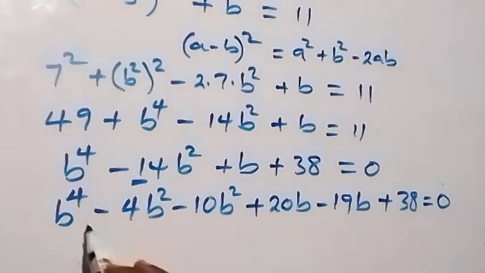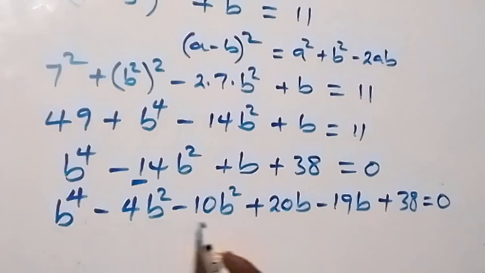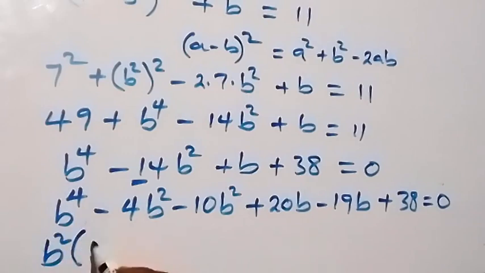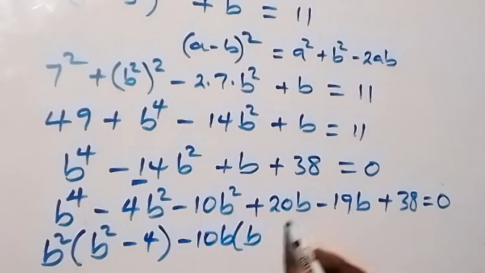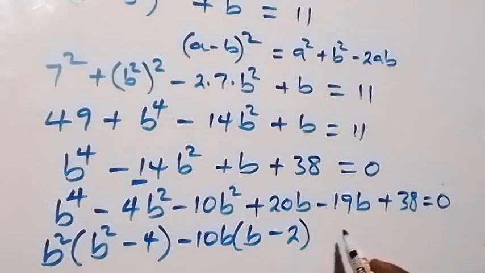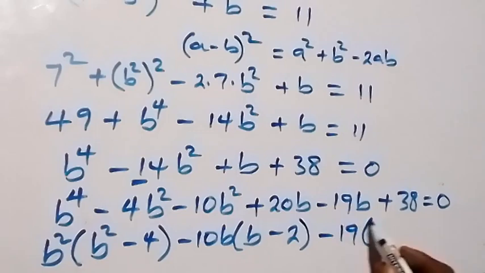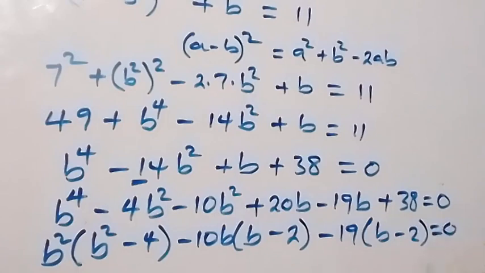From the first two terms, b square is common, and what will be left is b square minus 4. Then what is common between the next two terms is minus 10b, then b will be left here and minus 2. Also from this side we have minus 19 common, then b will be left here, also minus 2, equals to 0.